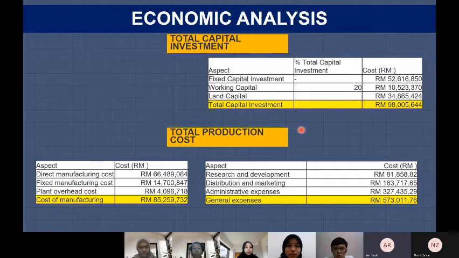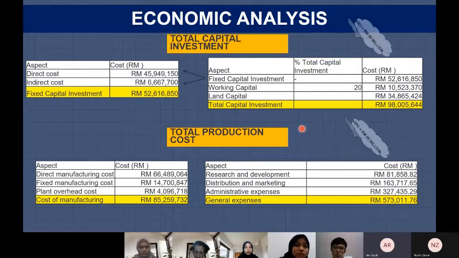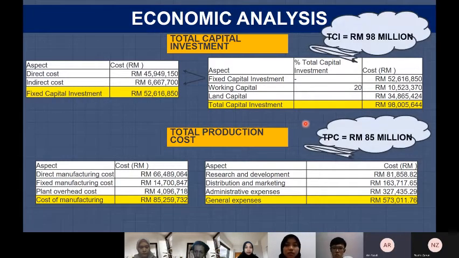Here is the economic analysis, which involves our total capital investment and total product cost. Here is the breakdown of the cost from each aspect. Total capital investment is around 98 million, including the fixed capital investment, working capital investment, and land capital.